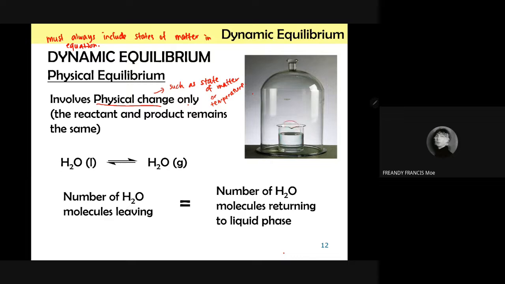Tapi bukan semua akan tersejat. Tapi kalau kita biar terbuka, sistem ini terbuka, air tu akan tersejat habislah. Ini adalah contoh kalau kita biar sistem kita tutup macam ni, dia boleh capai equilibrium. Di mana number of H2O molecules leaving the beaker equals to the number of H2O molecules returning to liquid phase.